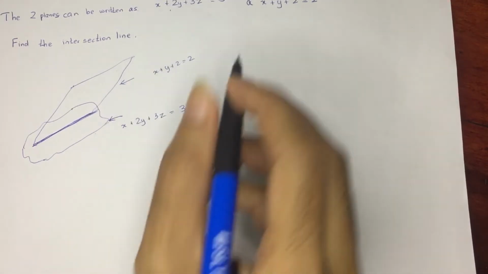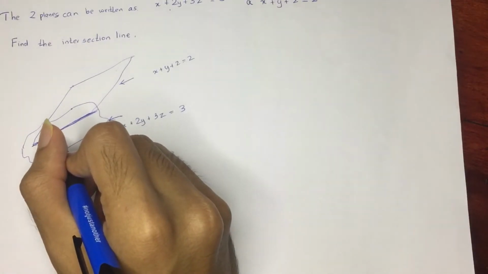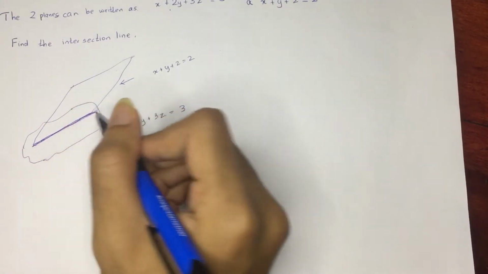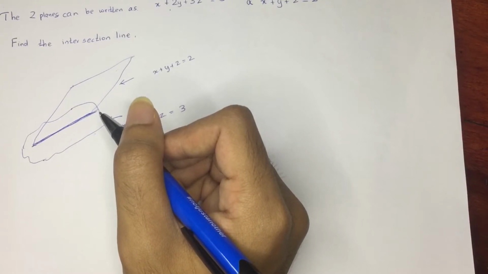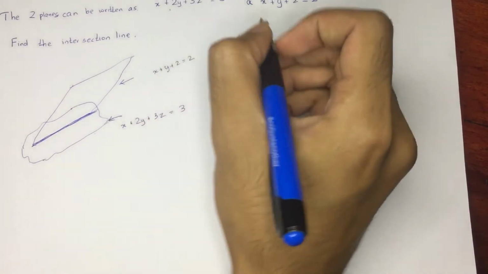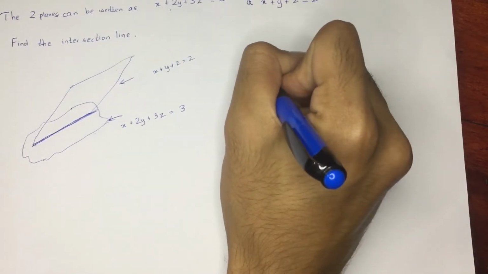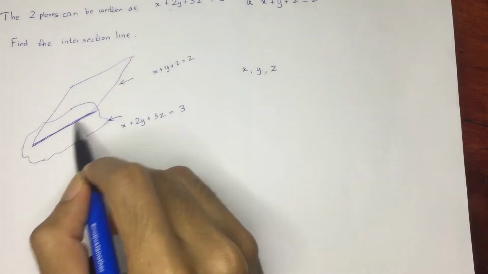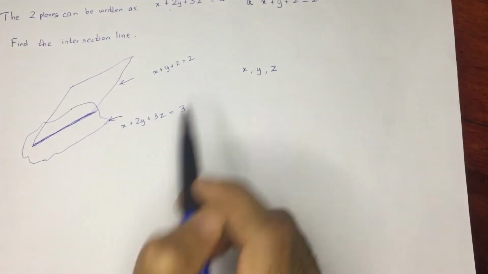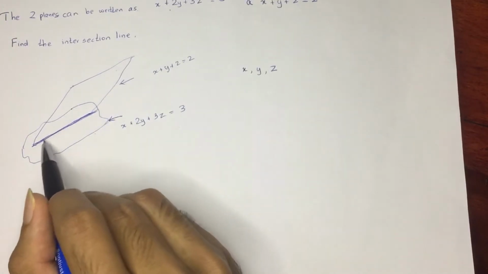We actually don't know the value of this or this or this, anything. However, we can directly say the x, y, z are going to lie in these two planes. Let's say these are the coordinates of this line.